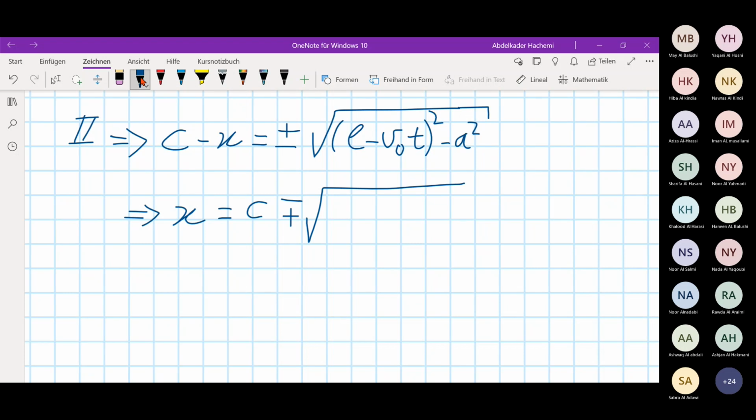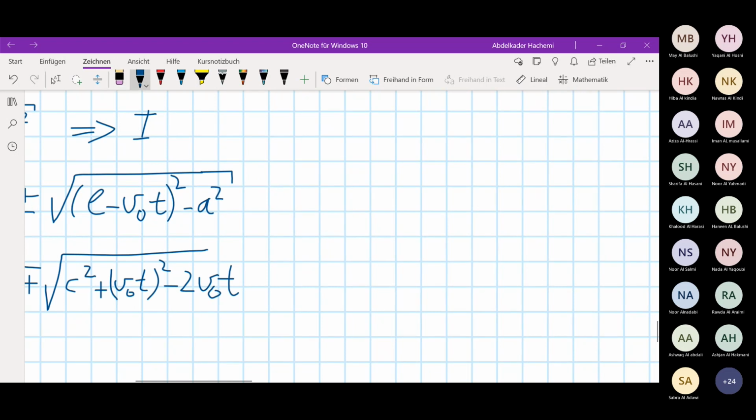When we develop this equation further, we get C squared plus V0 T squared minus 2 times V0 T, and here we have the square root of A squared plus C squared.